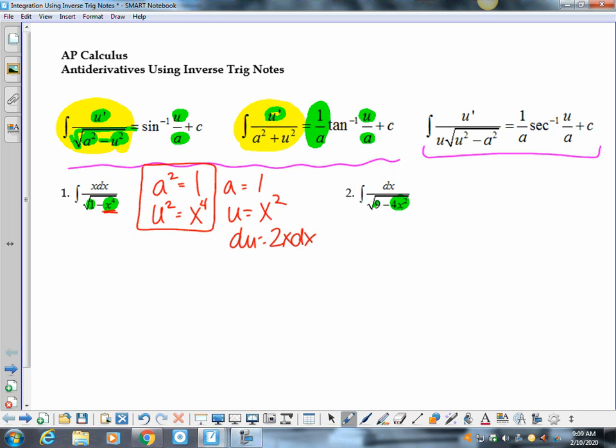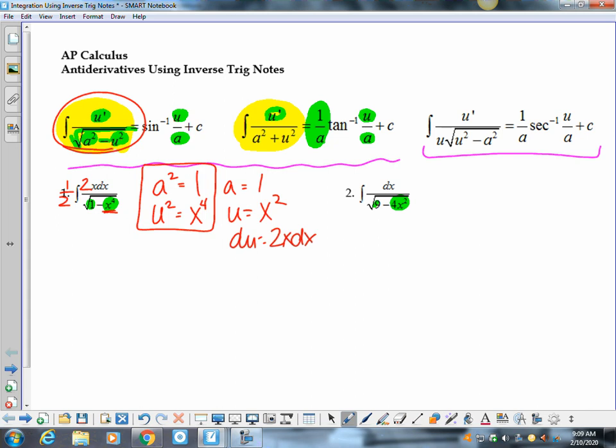Okay, so talk to me about my du. I need a 2. So guys, I'm just going to come in here and put my 2 and put my 1/2 out front. So now, does it fit this?